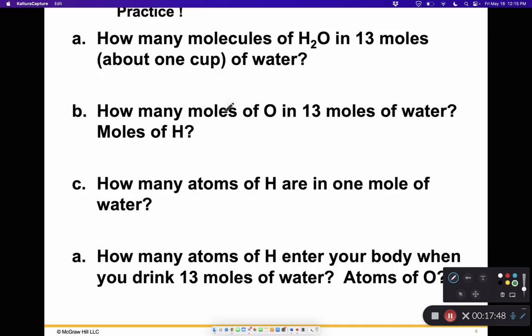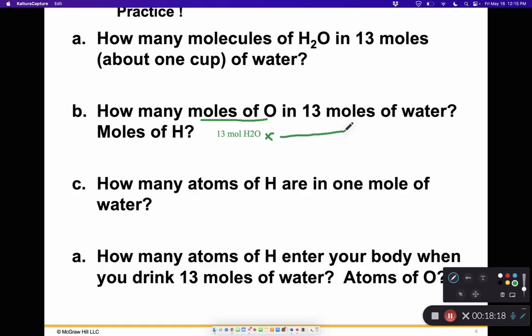How many moles of oxygen are there in 13 moles of water? So I start with 13 moles of water, right? Now I have to convert that water moles, I have to connect that with moles of oxygen.